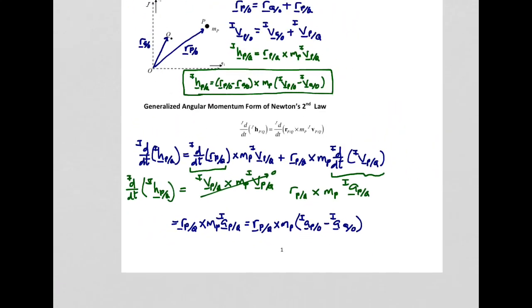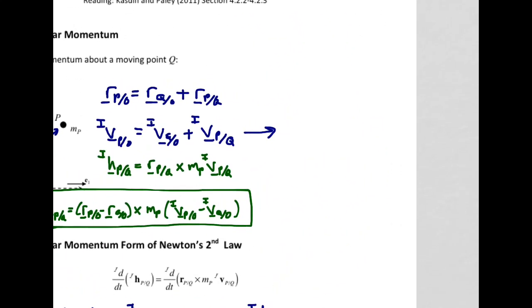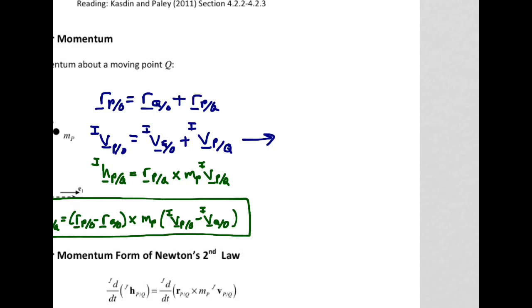And you can see that from our differentiation here. If we differentiate our velocity, we would get the acceleration of point P is equal to the acceleration of point Q relative to the inertially fixed point plus the acceleration of point P relative to Q.